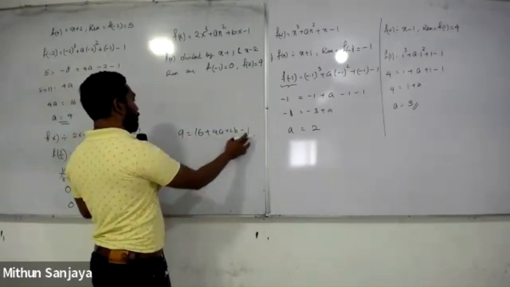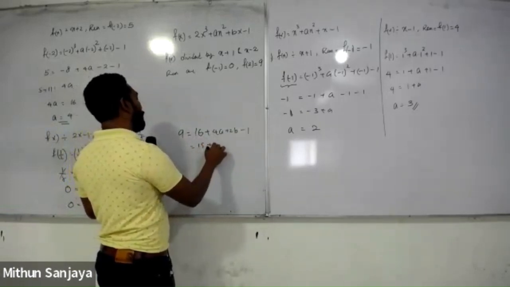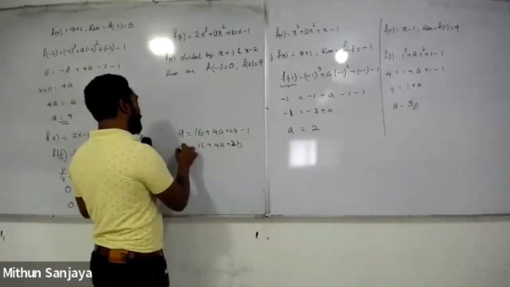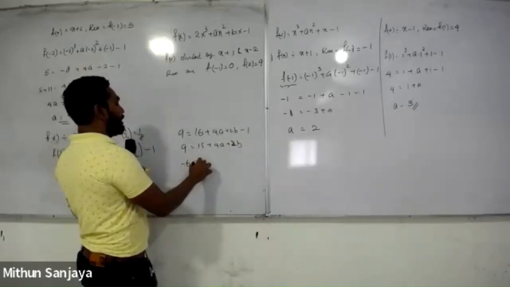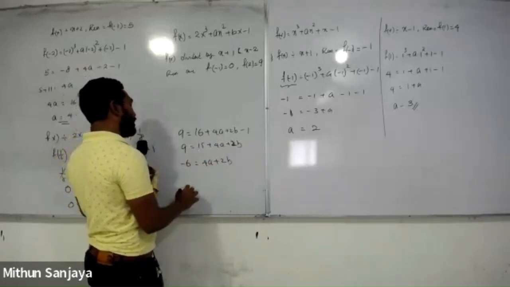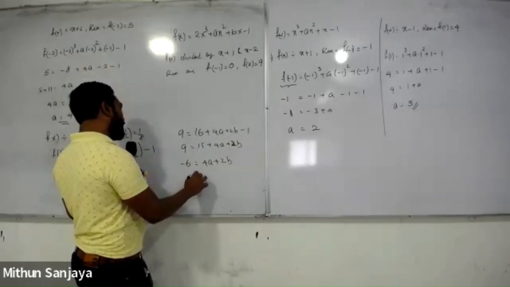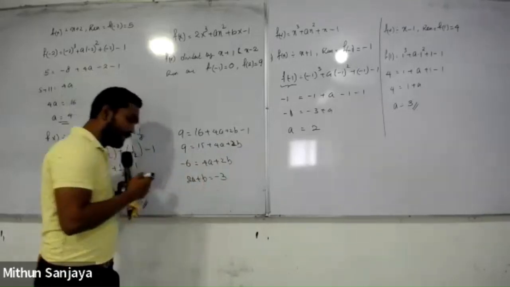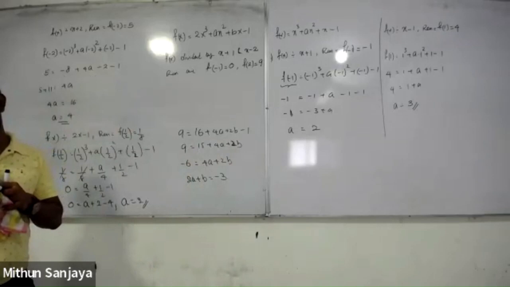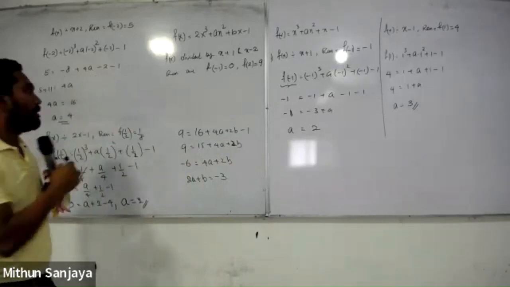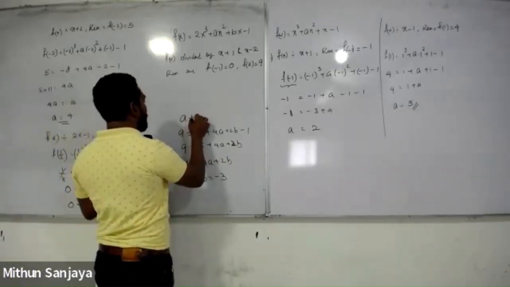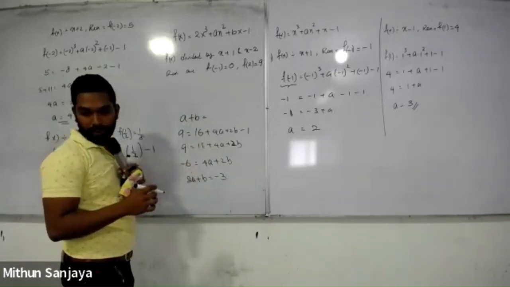Now we have 15 plus 4a plus 2b equals 9. Then minus 6 equals 4a plus 2b; divided by 2, 2a plus b equals minus 3.